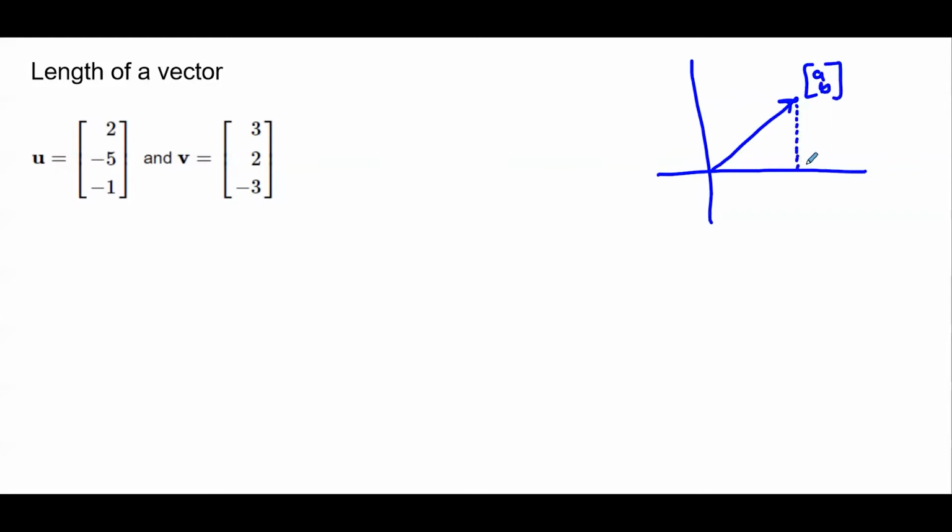You could say, well, this is B high and A across. So this side is A, this side is B. So this side, from the Pythagorean theorem, would be the square root of A squared plus B squared.